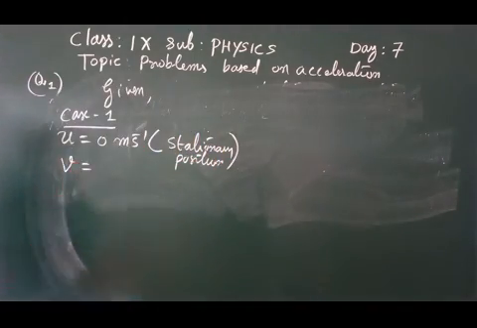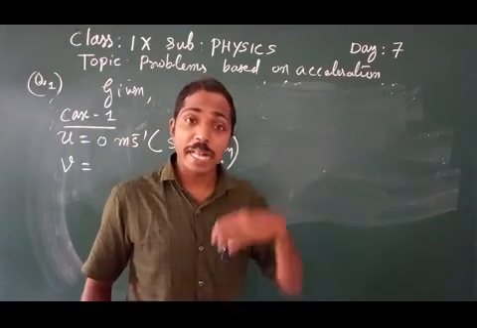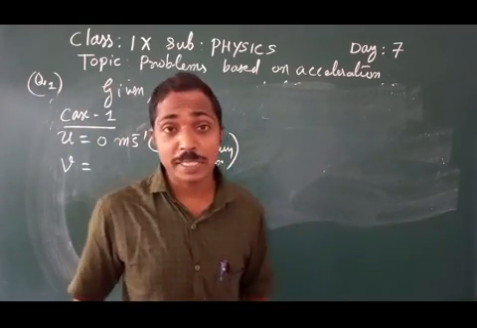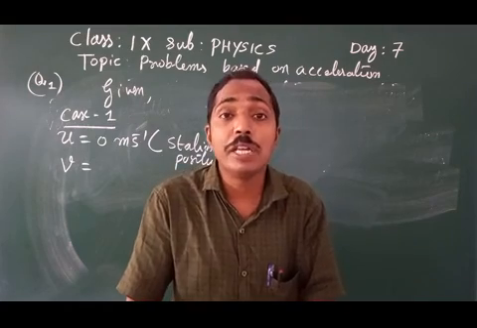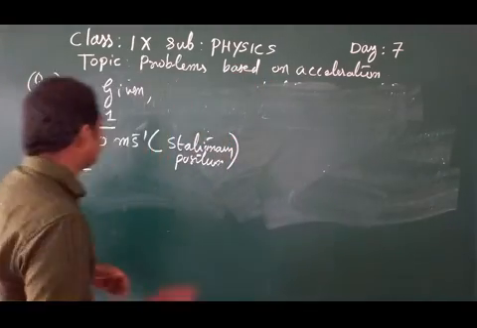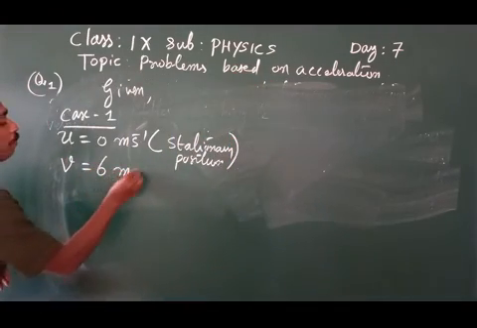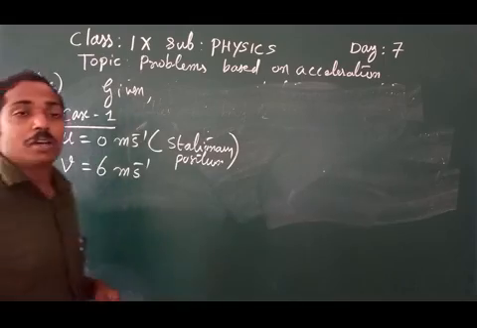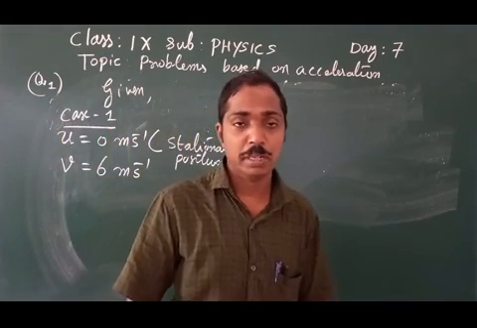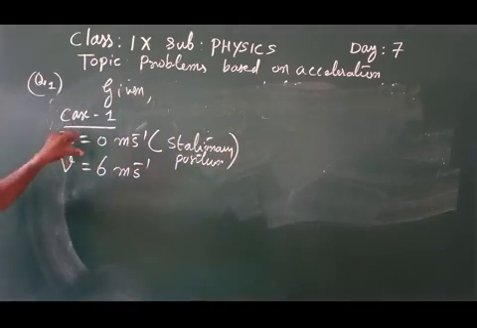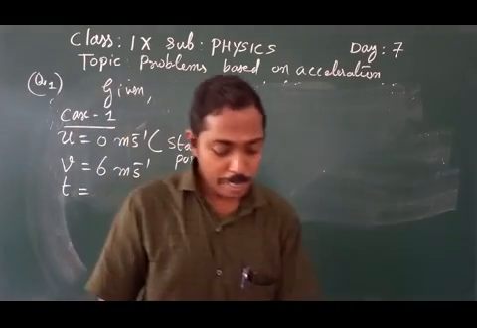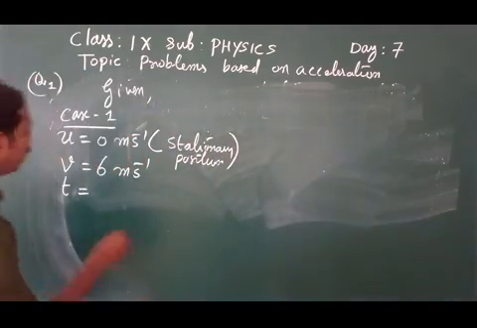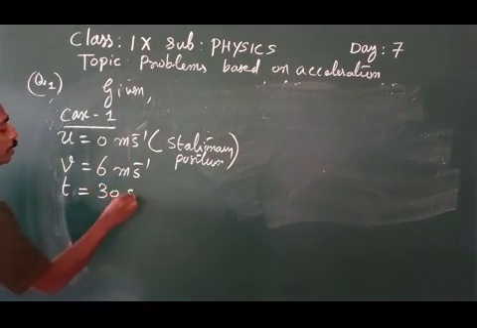In the first case, after Rahul pedals the cycle, velocity shoots up to a value of 6 meters per second, or meter second raised to minus 1. Then the time interval t1 will be 30 seconds.